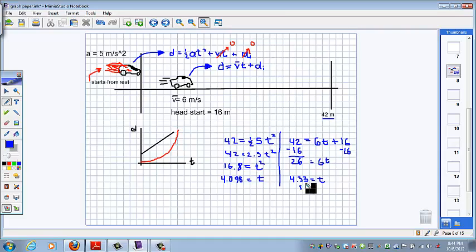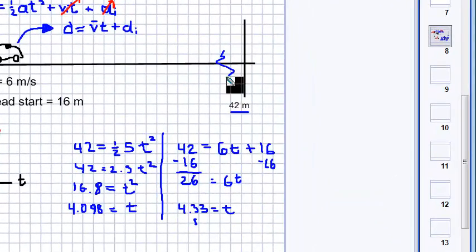The next question that you're going to encounter is at what time do they pass? So it must have happened somewhere around in this area here, just before the 42-meter mark, because now the accelerator is out front, and he's never going to get caught by this guy, but he must have just recently passed because he started behind. And this is going to be phrased to you as a multiple choice question.